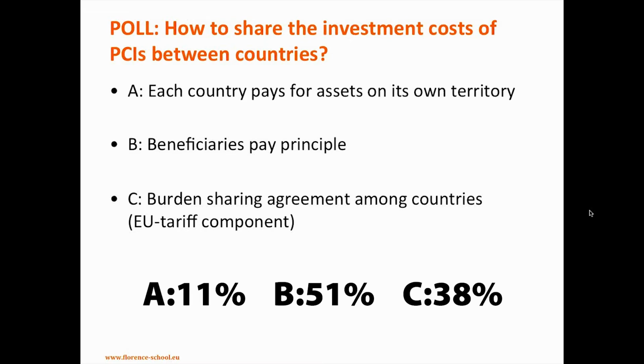It's very interesting. Well, first, the 38% that think option C is the best, to my feeling, these are people that would like to have a second energy infrastructure package. Because my feeling is that the first energy infrastructure package does not yet have this ambition.